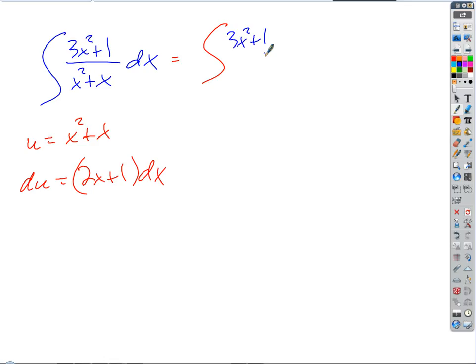Good, and on the bottom we've got a u, right? So then on the bottom we've got our 2x plus 1, and this is all going to be times that one over u. Yeah, du over u. Okay, that's kind of a mess, isn't it?